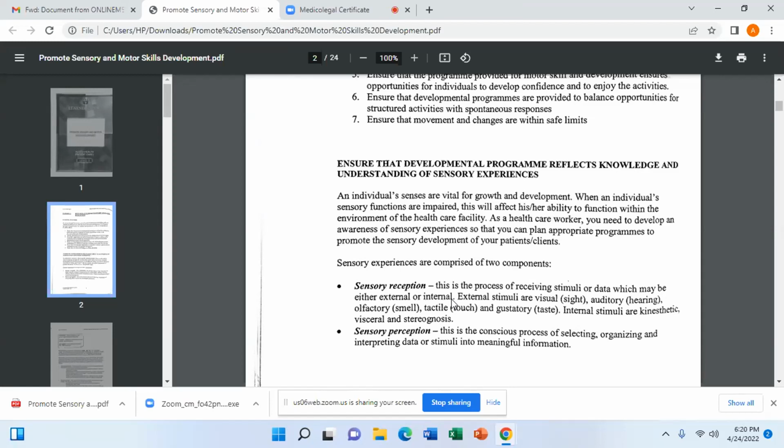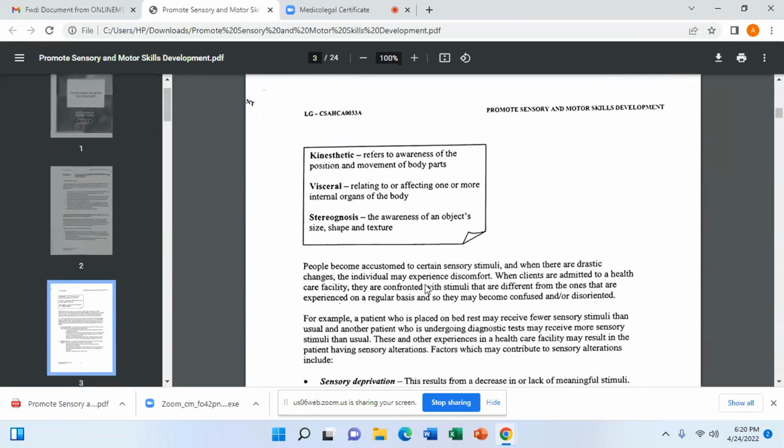Same with taste, same with hearing. They're hearing stuff that aren't there, or they're not hearing, okay? Or they hear something, but it sounds totally different from what it's actually supposed to be. So this is what you refer to when you talk about perception. Perception is different, receiving the stimuli, right?